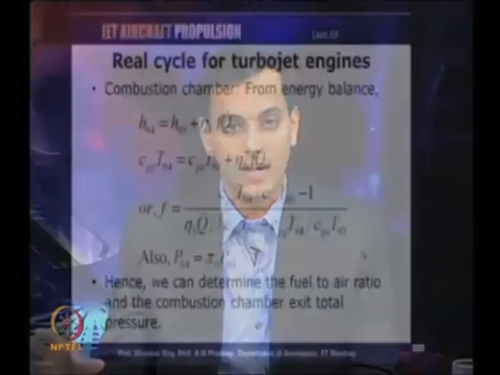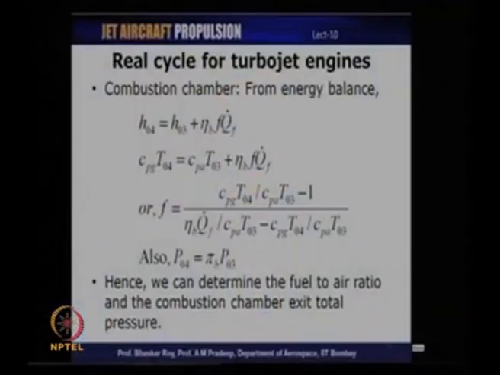So, P04 will be equal to pi b, which is the pressure loss in the combustion chamber, multiplied by P03. From this analysis we can find out the fuel to air ratio as well as the combustion chamber exit total pressure, which is basically the turbine inlet total pressure.